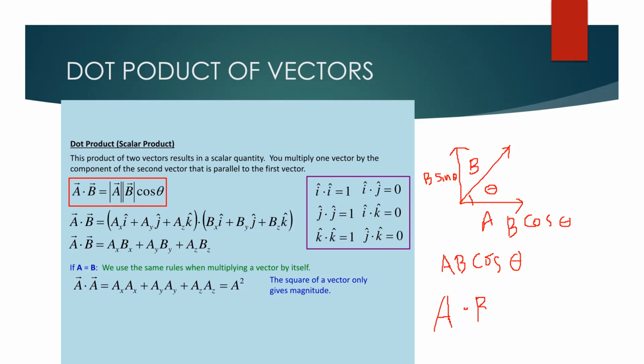So when we write vector A dot vector B, it means we are multiplying vectors along the same line, and it is given by AB cos theta. So that is what is given here. So A dot B is given as what? AB cos theta. So when we take A, I write vector A as AxI, AyJ, AzK.